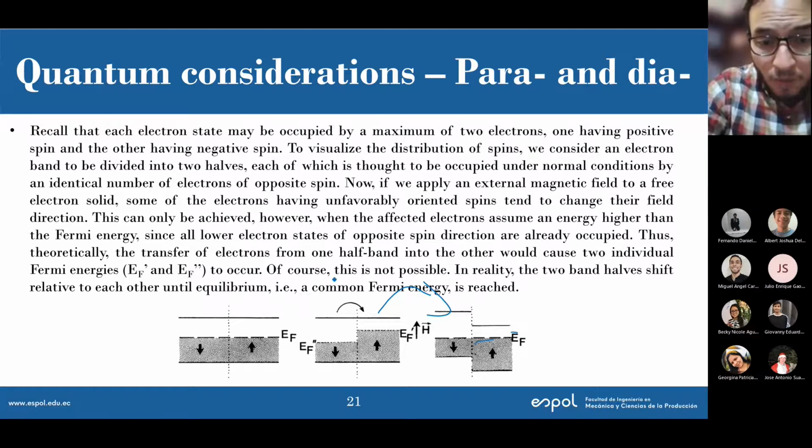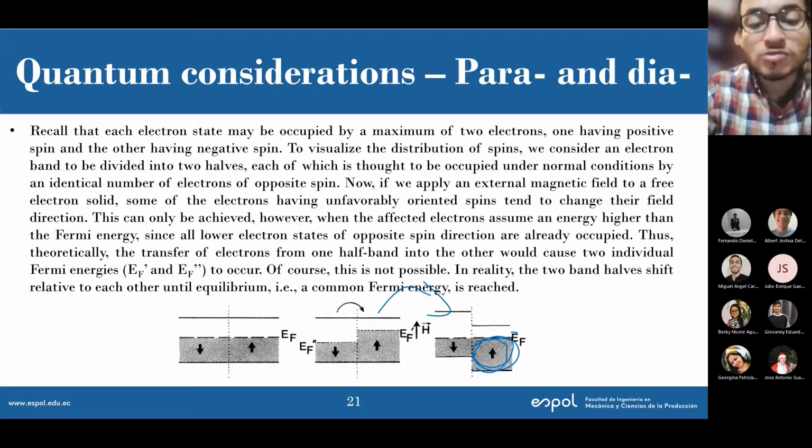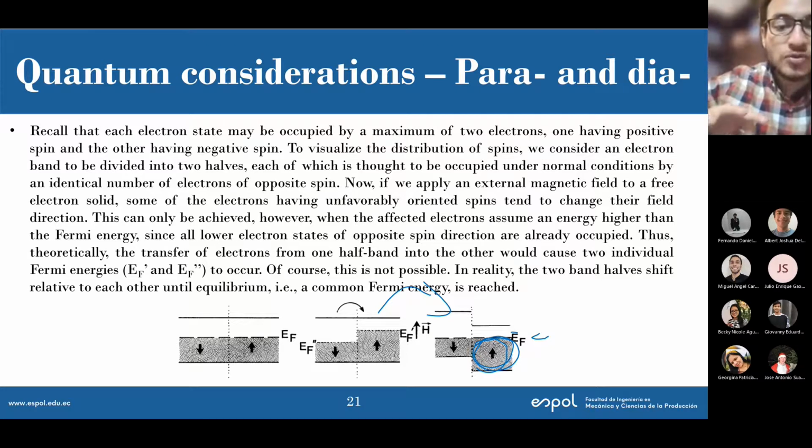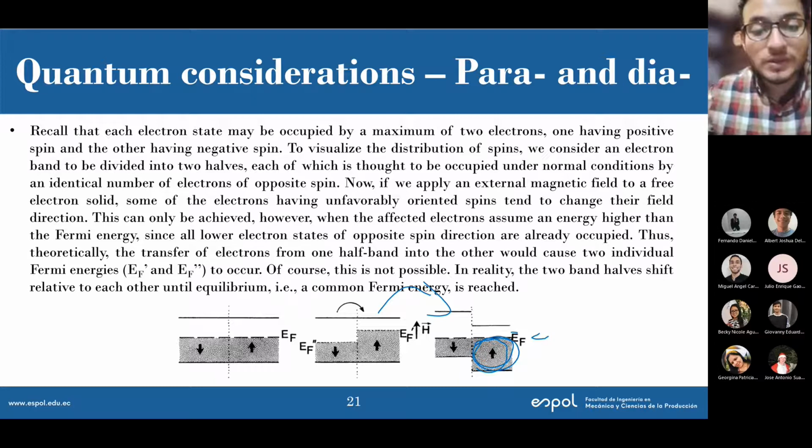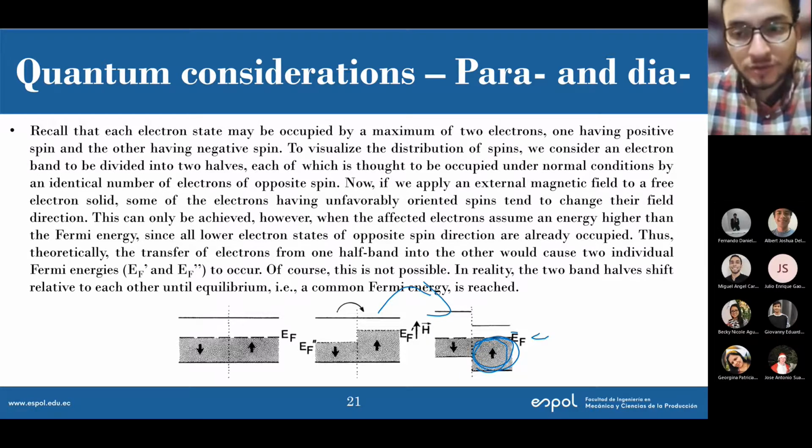Yes, I still have more electrons here, obviously. Look at that. I have more electrons, but now I have one single Fermi energy, right? So they just shift relative to each other in order to reach equilibrium. That means in order to reach one single Fermi energy. Is it clear? Any questions?